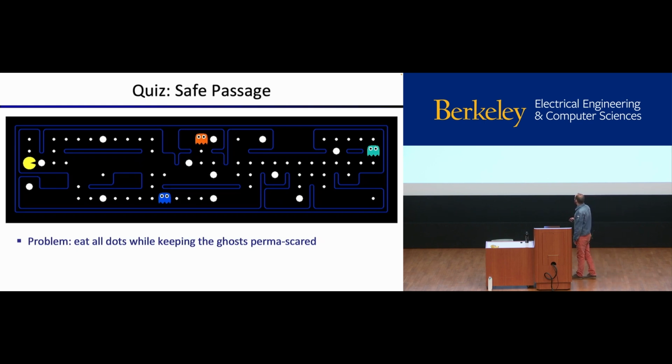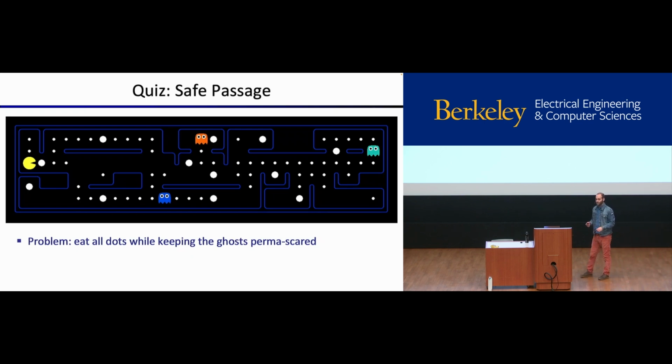So, okay, what do you need to keep track of in the state if you are going to try and fulfill this goal? It's all the same stuff as in the eat all the pellets problem. What else? Yeah. How long the big pellet lasts? Yes, how much time you have left where they're going to be scared so that you can make sure to eat a big pellet before then.